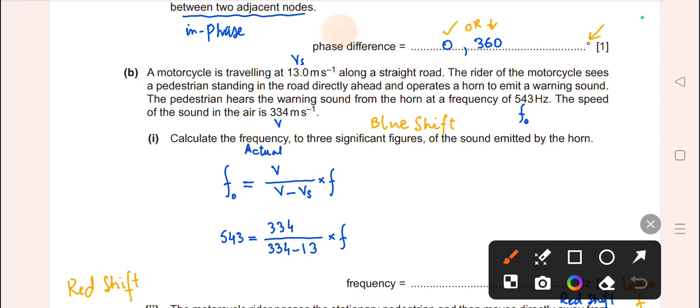So for the blue shift, the formula is the actual speed of the wave over the actual speed of the wave minus the speed of the source, which is given there, times the actual frequency. And we actually have to find the actual frequency. This is what we have to find. Now putting in the values, you can calculate the answer.